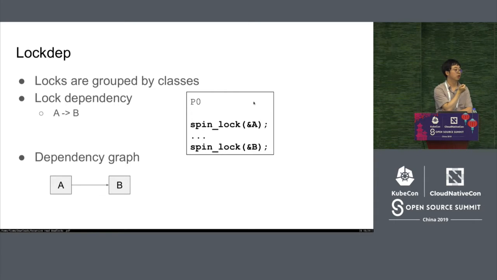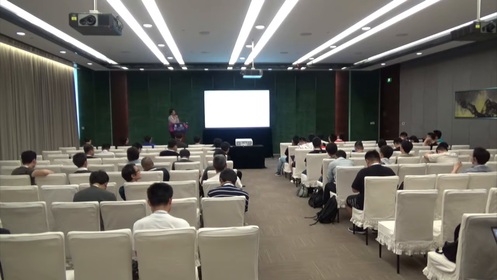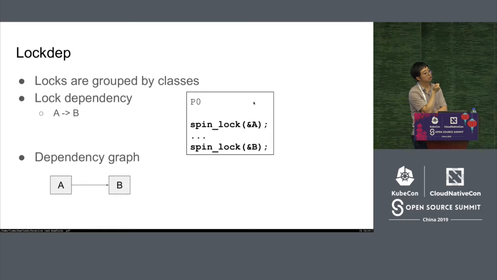We record what kind of lock it gets, and this kind of method is not static. Go back to the dependency graph. Is it dynamically generated? Yes, in Lockdep, it is dynamically generated.